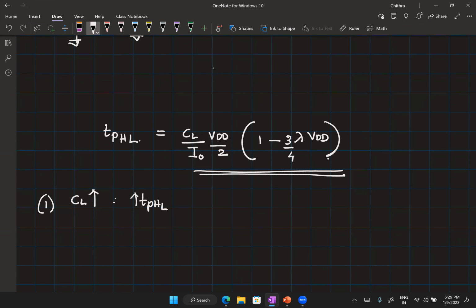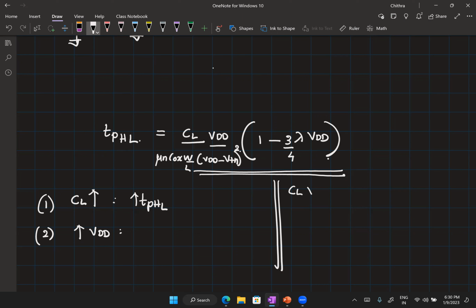Now, let me also replace the I naught with its equation. This is mu n COX W by L, so it's half mu n COX, and that half cancels here, into VGS, which is VDD minus VTH the whole square. We have the full expression here. Next, what happens if I increase my VDD? Let me take this VDD out of the square bracket.